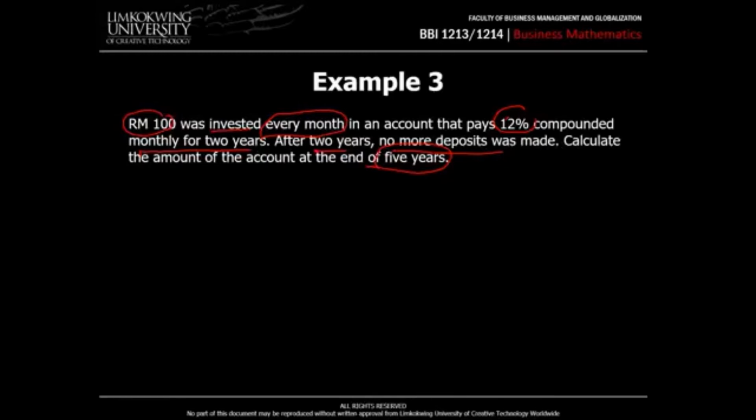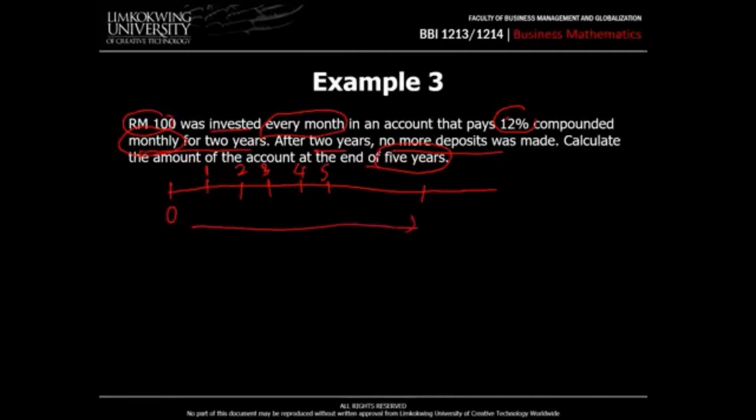Okay, so this one has certain criteria. Let's say this is the timeline. It starts with 0 and then 1. Because it's compounded monthly for 2 years, you have month 1, second month, third month, fourth month, fifth month. For 2 years, how many months? 24 months. So until 24 months, then no more deposits were made.